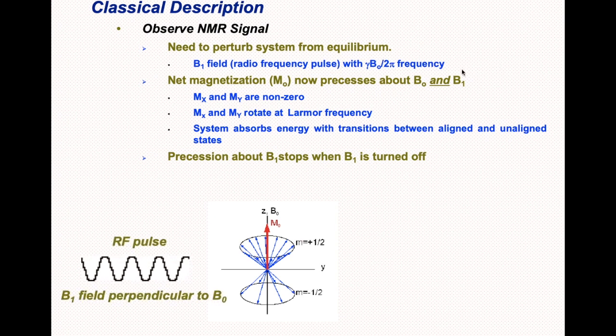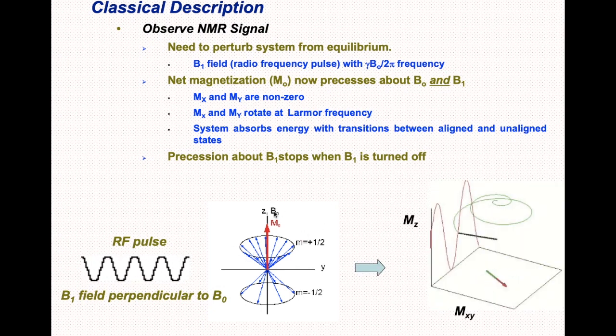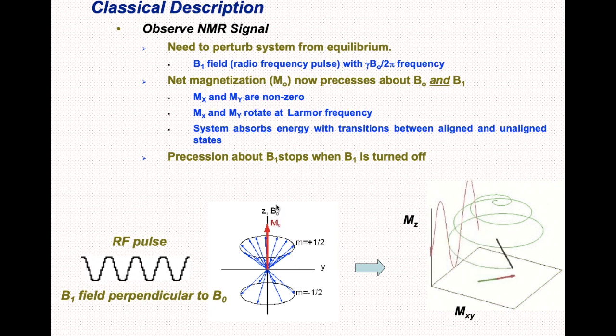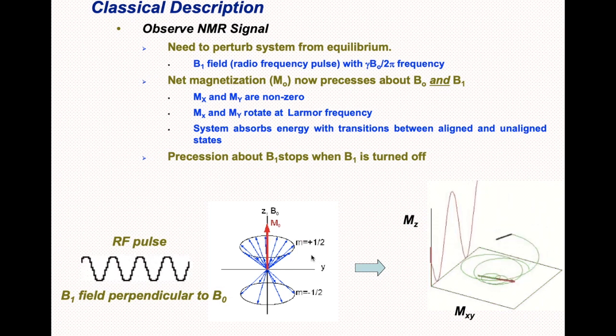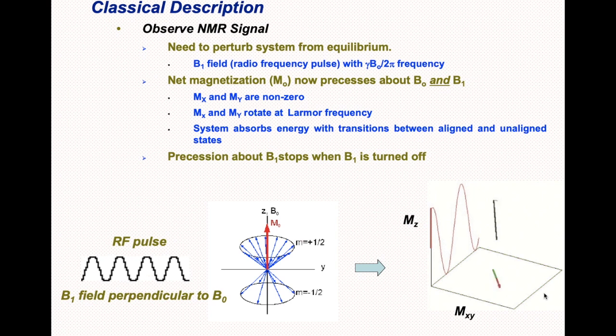When you apply the radio frequency pulse, what exactly happens? Initially, before applying the pulse, the net magnetization vector is pointed along the z direction. The moment you switch on the RF pulse, it starts tipping from the original z direction and starts precessing in the other directions.